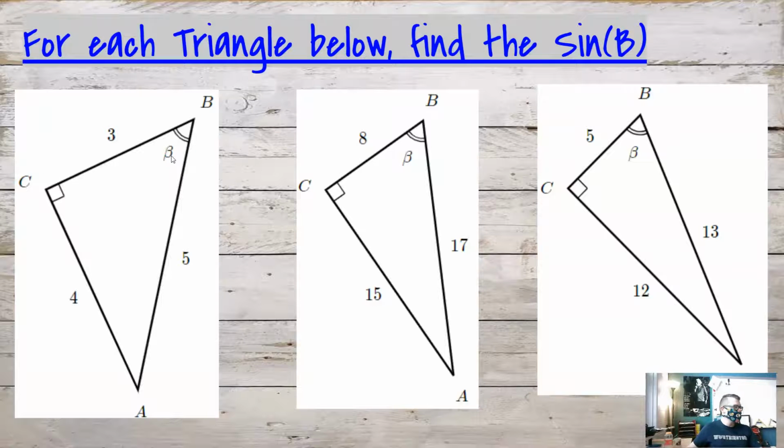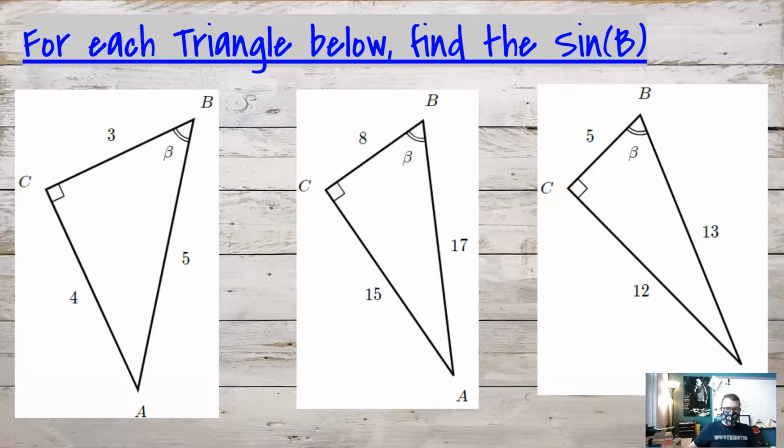Either way, it doesn't actually matter what Greek symbol we use. They're all interchangeable. So for these three triangles, what's the sine of B? Well, guys, actually, we don't need our calculator. What I just showed you in your calculator is for when we know the angle and we're trying to find the sides, or a side.